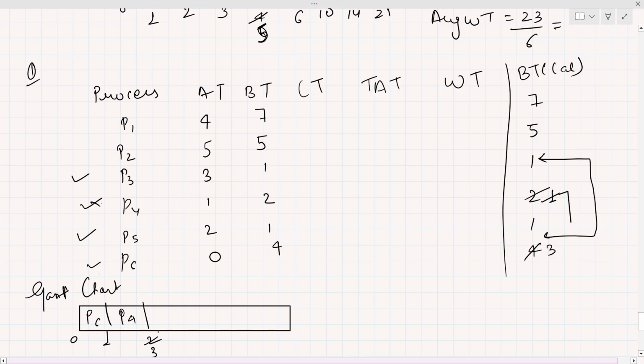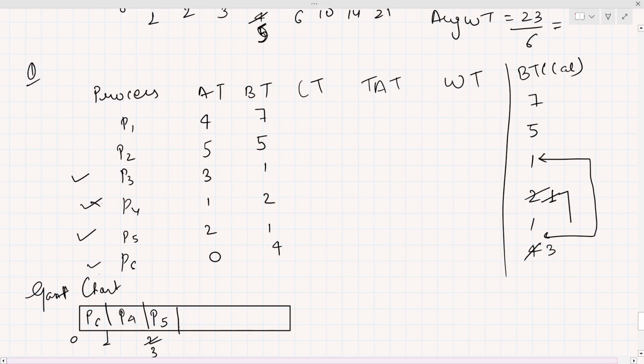If there is a tie, we select the process with the smallest arrival time. P5 has the smaller arrival time, because the arrival time of P3 is 3 and of P5 is 2. So the process that gets the CPU is P5 because of arrival time.